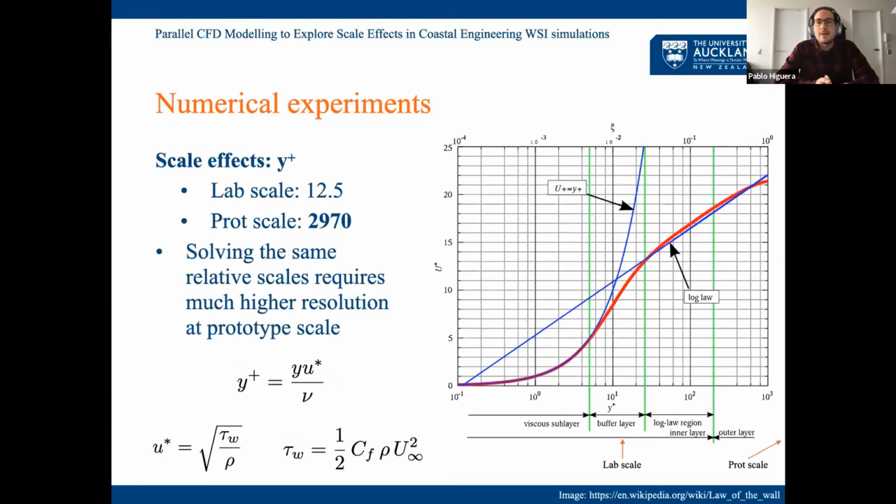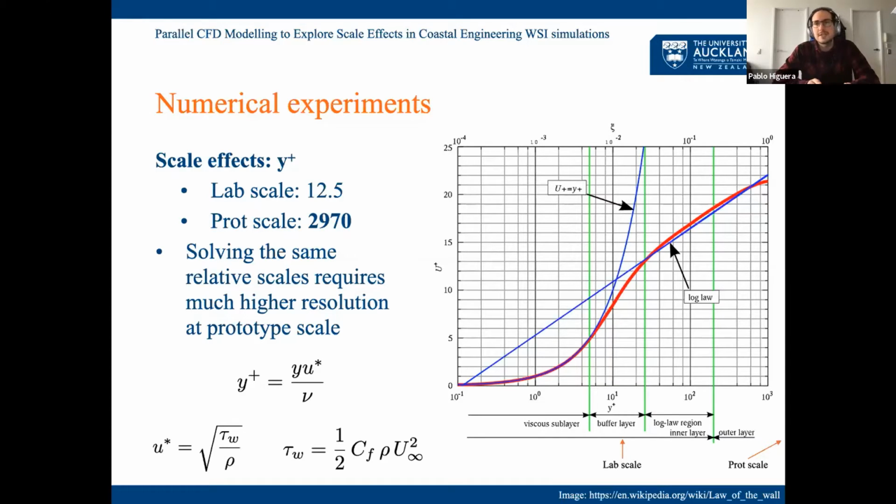That has some other implications, and in CFD we have the Y+, and Y+ is basically telling us where our first cell close to the wall is with respect to the viscous or the boundary layer. In the lab scale experiments, we are at the value 12, which means that we are very, very close to the viscous sublayer.